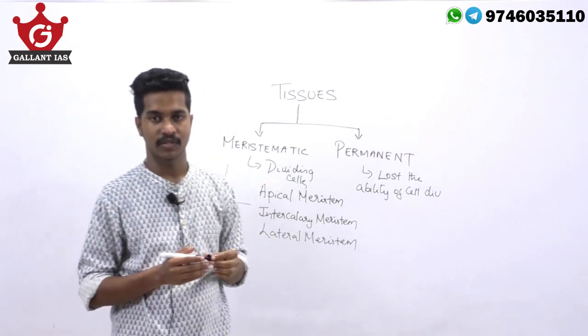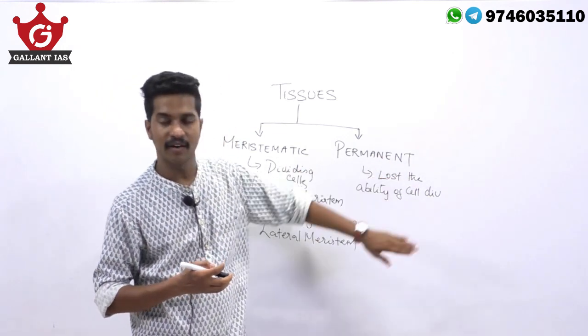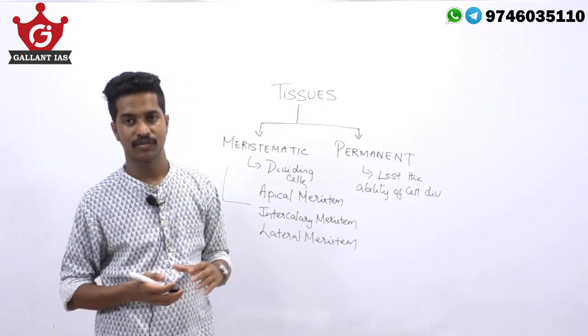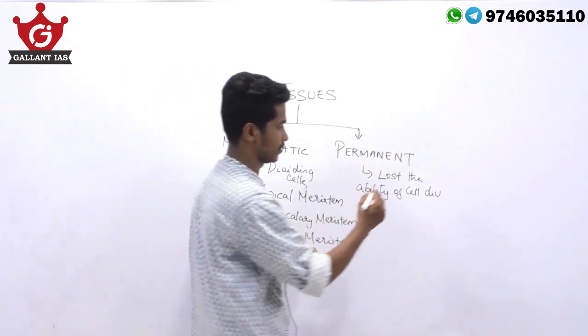The permanent tissues, which lose the ability of cell division, can be classified into simple permanent tissues and complex permanent tissues.